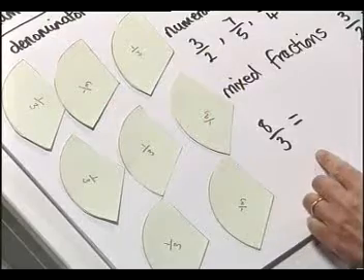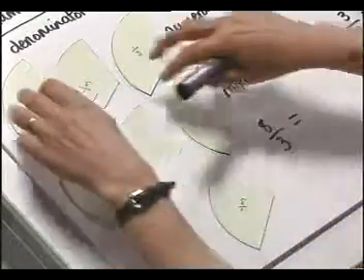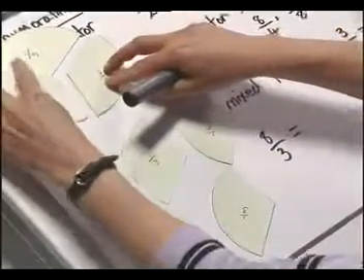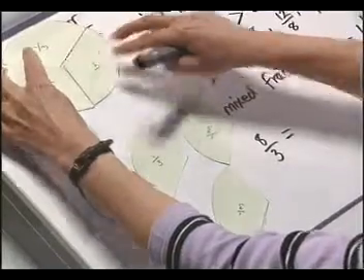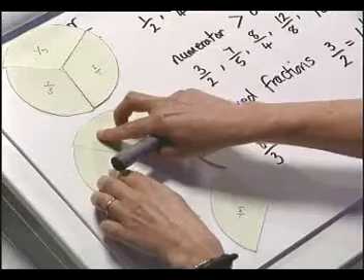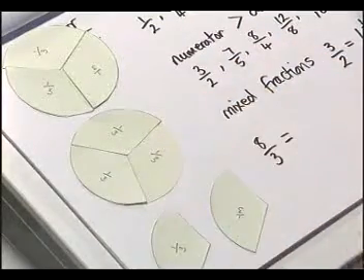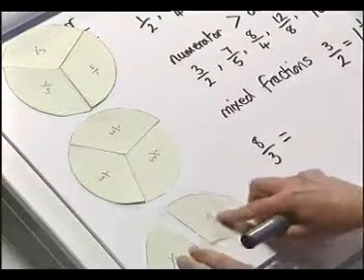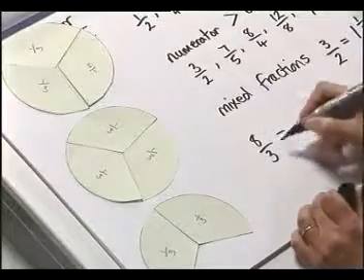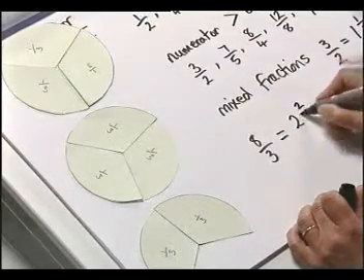Well, what we're looking for is how many whole ones we've got there. If something's been divided into 3 pieces, it takes 3 pieces to make the whole one. So that's 1 whole one. There we have another whole one, so that's 2. And we've got 2/3 left over. So 8/3 is exactly the same as 2 and 2/3.